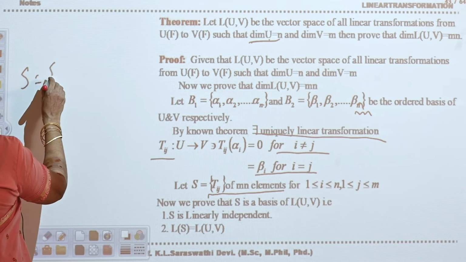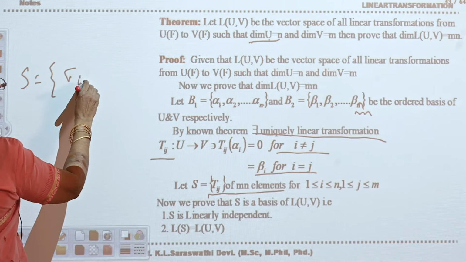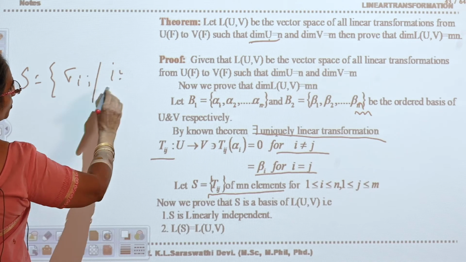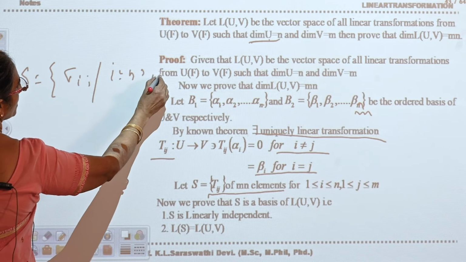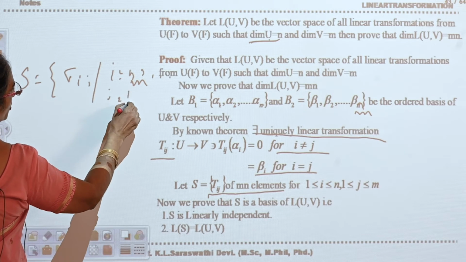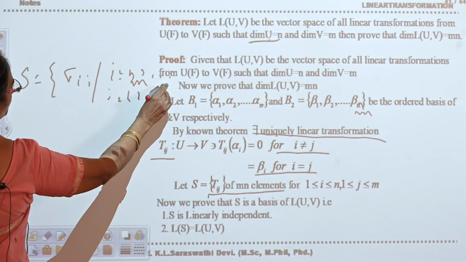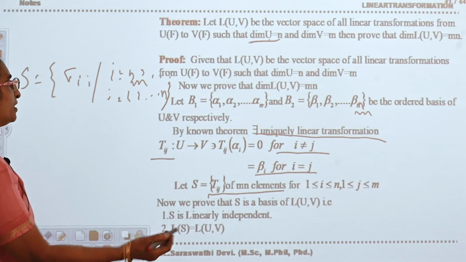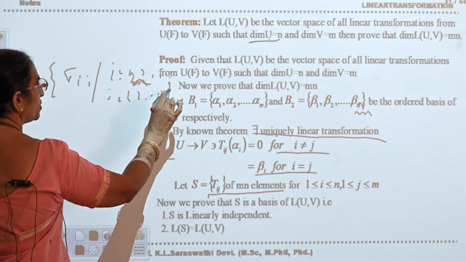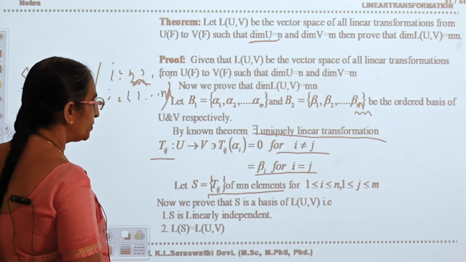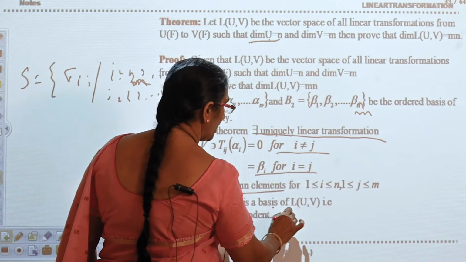S is the set of all Tij where i is equal to 1 to m and j is equal to 1 to n. These are the elements. Or otherwise i is 1 to n and j is 1 to m, you can take.